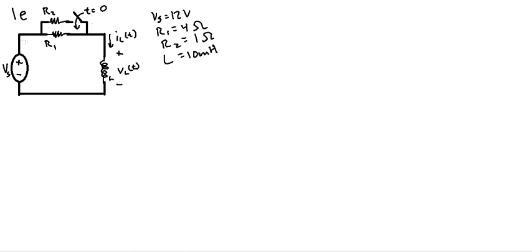Okay, so 1E is sketching the waveform i_L, indicating appropriate magnitudes for the vertical and horizontal axes, including a segment for t less than 0.